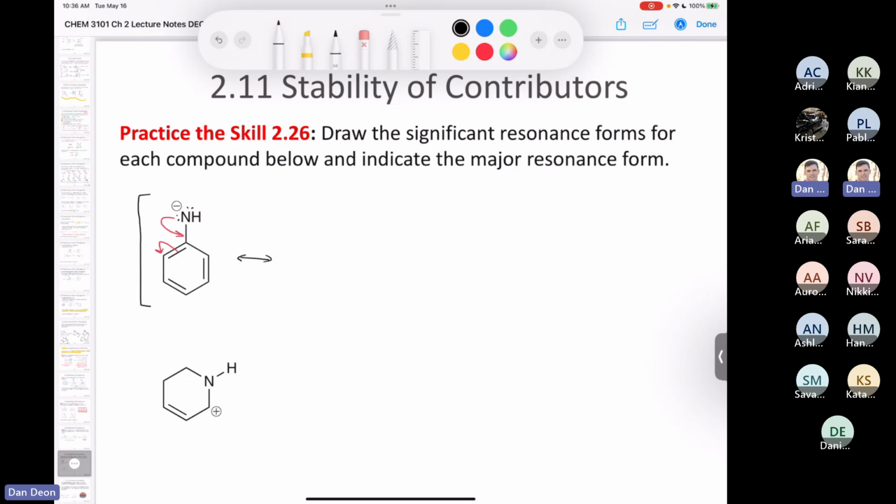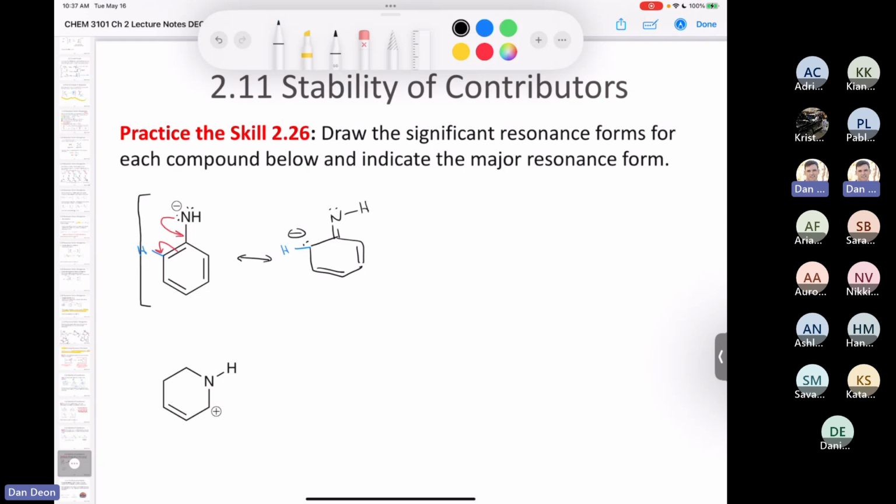If we draw the contributor to that, it's going to look something like this, where we have a double bond here. Now this nitrogen is neutral, but the carbon has a negative charge on it. Why? Because there was a hydrogen on this carbon all along, and it's still there. So now this carbon has 3 bonds and 1 lone pair. Therefore, it has a negative charge.